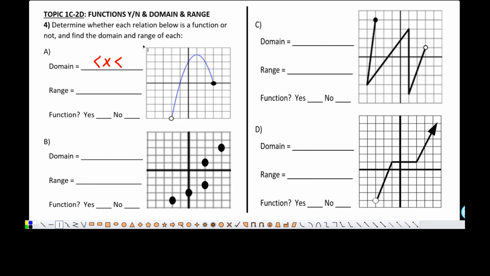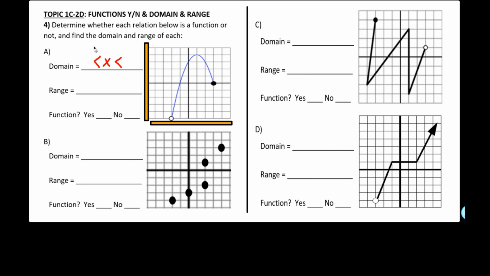So let's say here I have my pencil, and we use it two ways, one on the horizontal and one on the vertical. So let's do the vertical first, because that's what we use for the domain. So from left to right, the first place I touch is right there, which would be negative 2 with no dash because the point is empty.